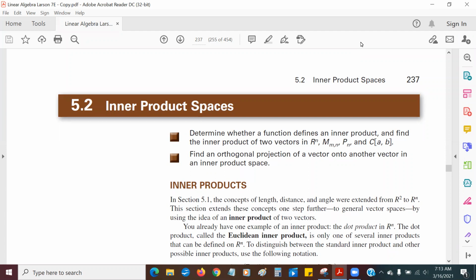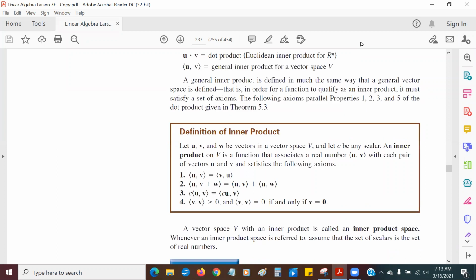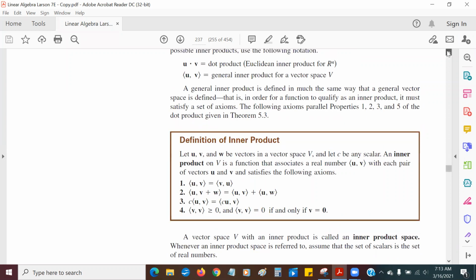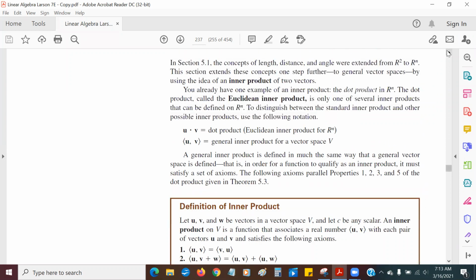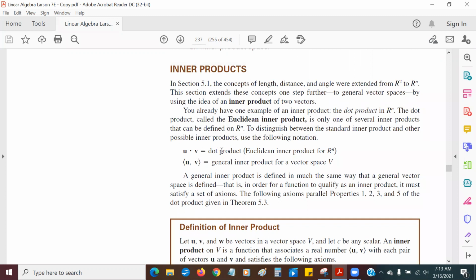But we do want to avoid a little confusion, so we're going to use some notation here. When we talk about the good old fashioned dot product for Rn, we're going to write it like this: U dot V. That's the Euclidean inner product for Rn, also known as the good old dot product.